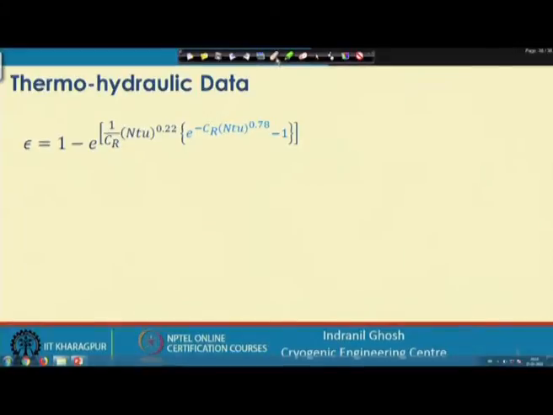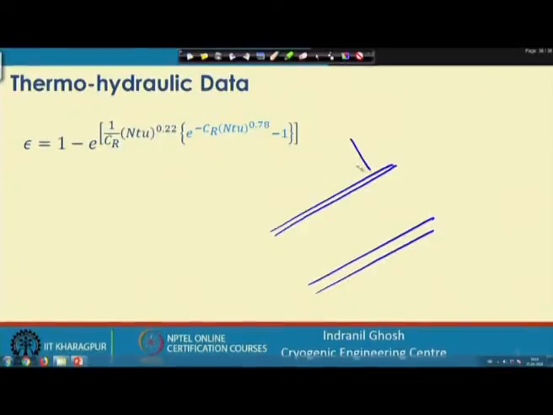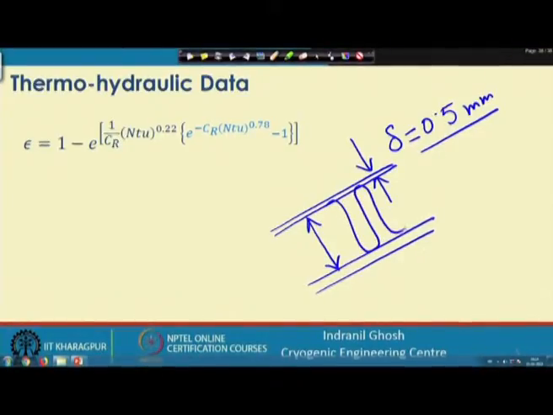I think we have missed the plate thickness. The separating plate thickness has been given as 0.5 mm. So, we know the thickness of the separating plate, and we know the fin height, which has already been told.